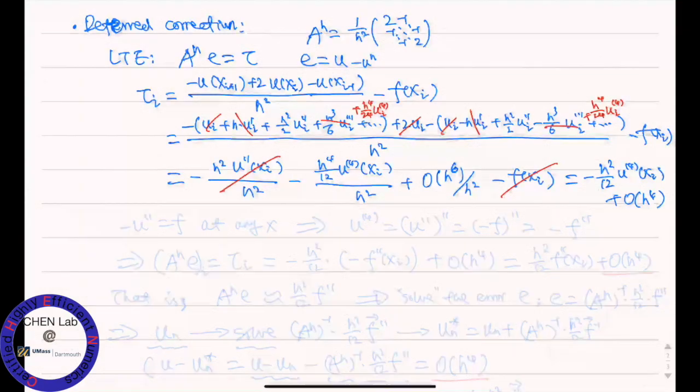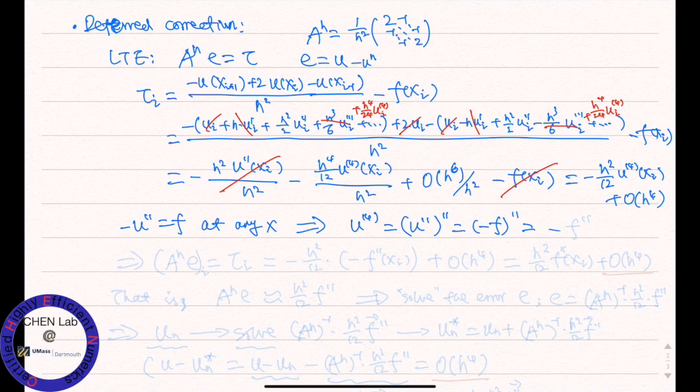In this particular case, what we notice is that we have the equation negative u double prime is equal to f, at any x. From here, we can calculate the u to the fourth derivative, because this is u double prime and then double prime. So this is negative f double prime. F is given.